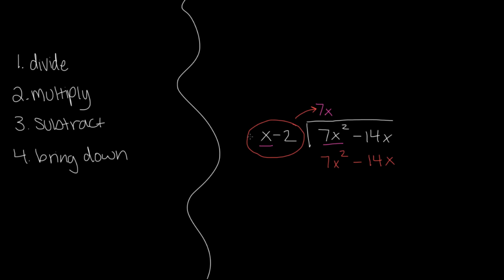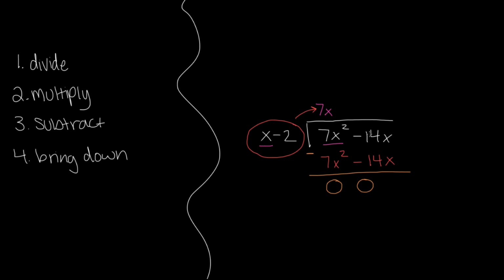Now we go ahead and we subtract. So what do we subtract? We subtract our original polynomial by whatever we just got from multiplying down here. So 7x squared minus 7x squared would give us just 0. And minus 14x minus minus 14x would give us also 0.